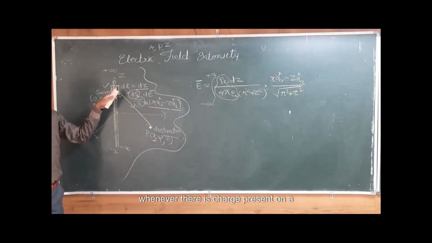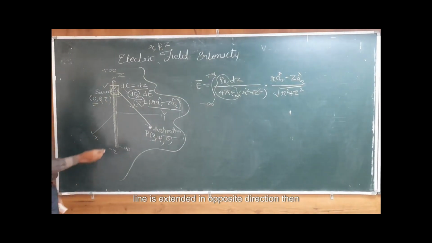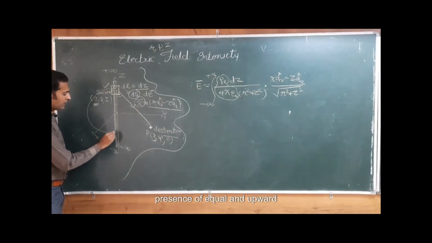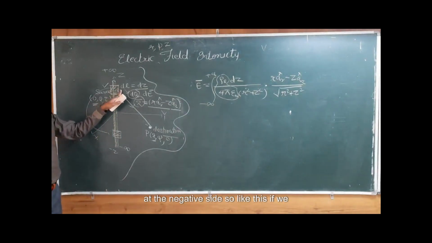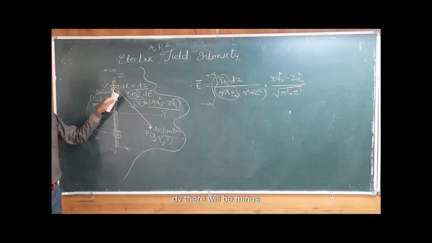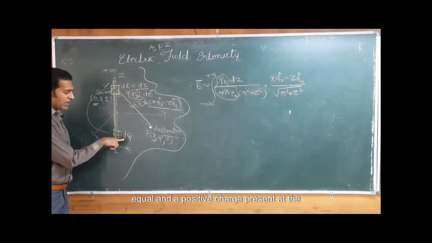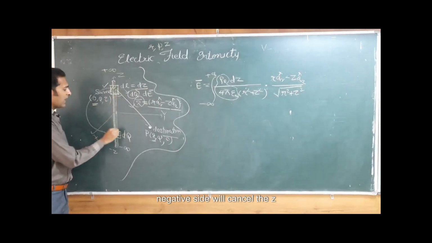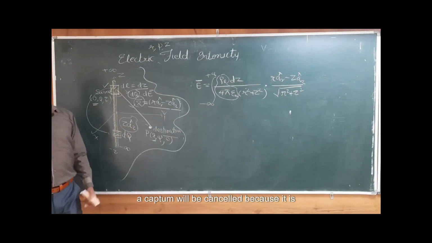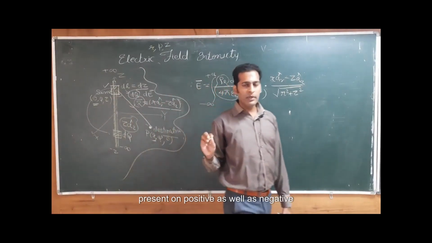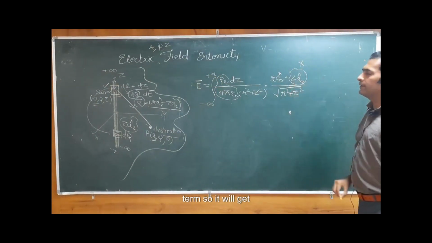Whenever there is charge present on a positive axis and if the same line is extended in the opposite direction, then there will be presence of equal and opposite charge at the negative side. So like this, if we have this plus dz, there will be minus dz. So the equal and opposite charge present at the negative side will cancel the z component. So the z az cap term will be cancelled because it is present on the positive as well as the negative side. So it will get cancelled.